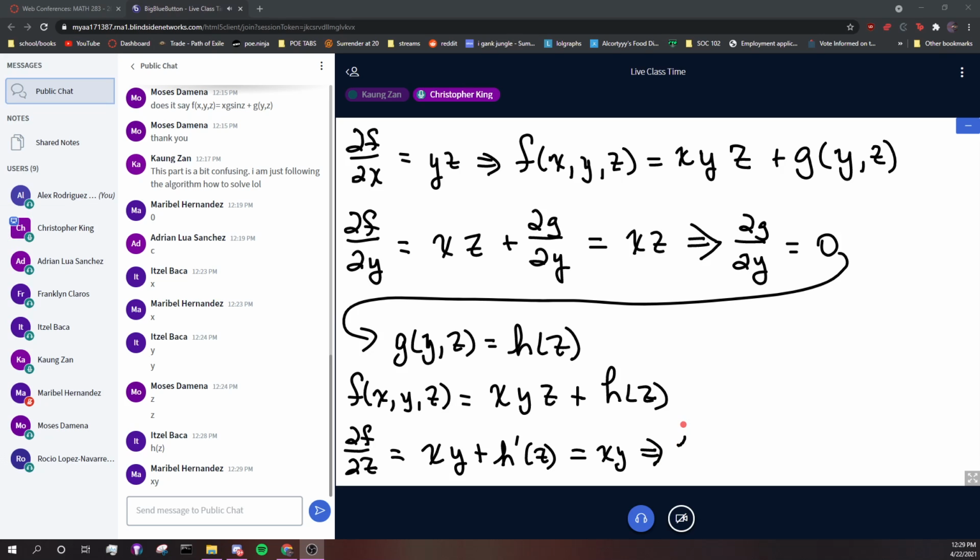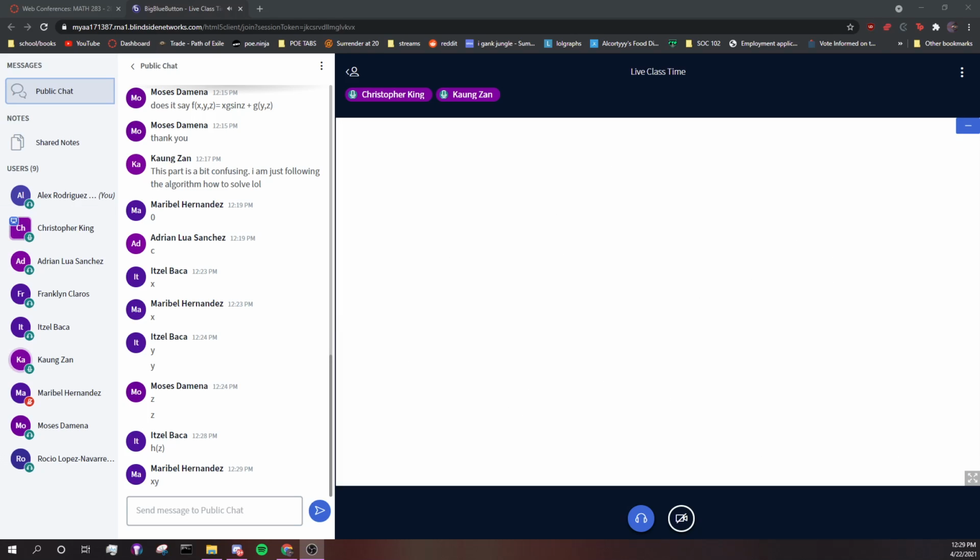Therefore, we can say that h prime of z is equal to 0. So we can say that h of z is equal to c. So our potential function f of x, y, z is going to be xyz plus c.